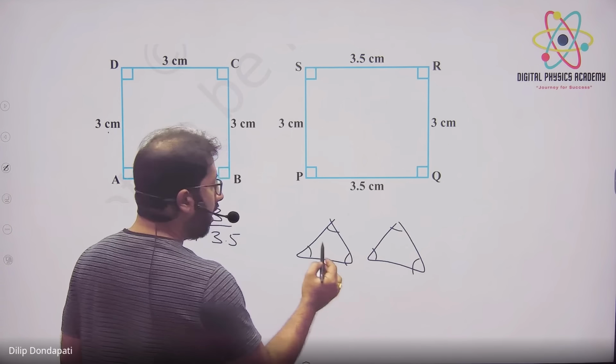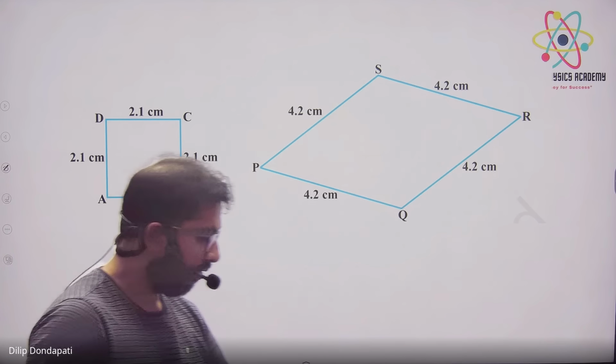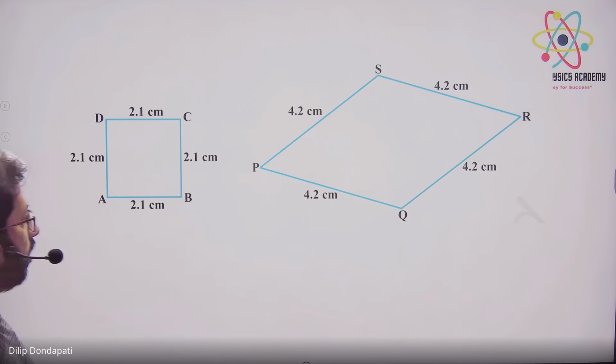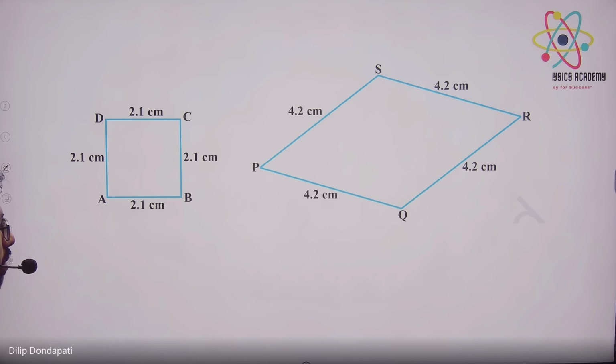Okay. Chalo. Now बोलो. You should say whether they are similar or not. Reason भी चाहिए. They are similar, why? Because the sides are proportional. Equal नहीं है, proportional. कितना आ रहा है ratio? 4/2.